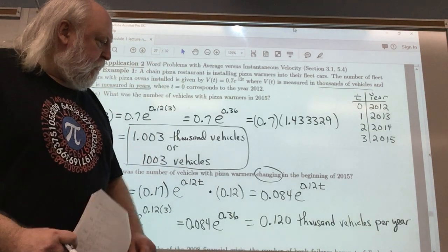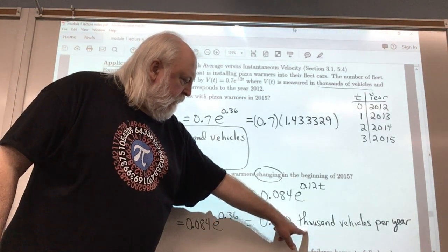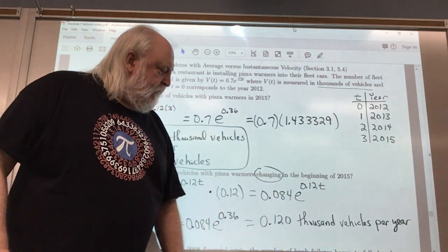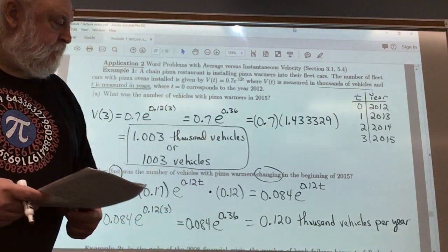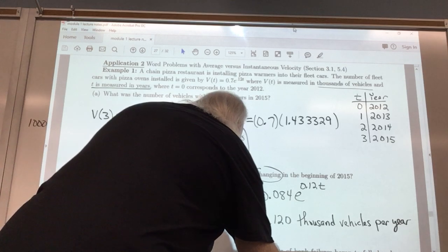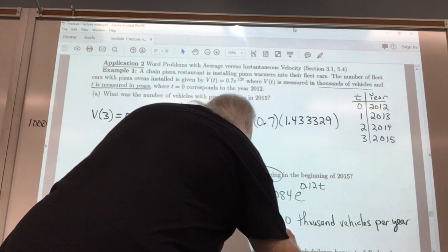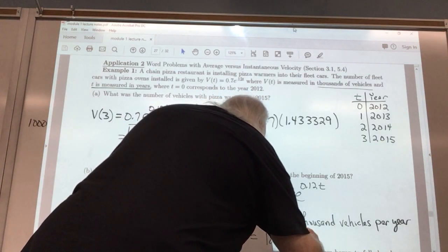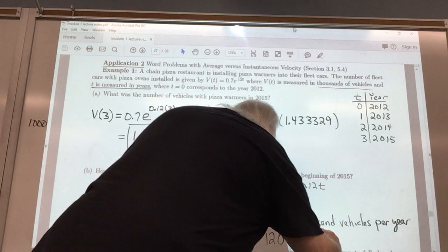And now if I multiply 0.120 times 1,000, I get 120. This is equal to 120 vehicles per year.